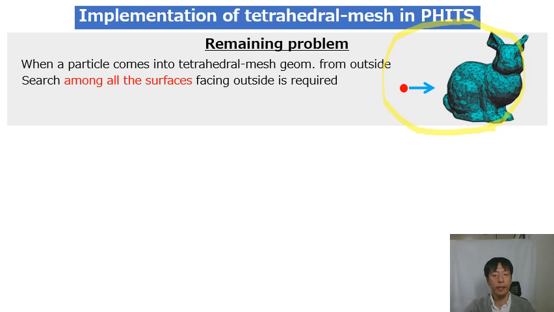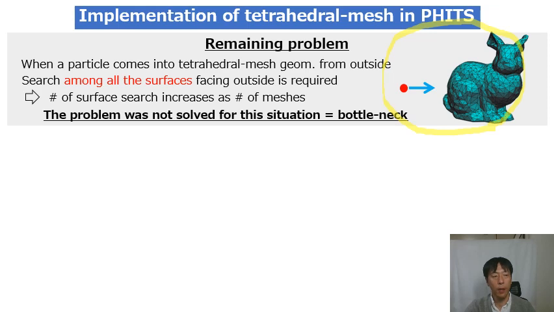In this case, a search among all the surfaces of the object facing outside is required. This means the number of surface searches increases with the number of meshes. Thus, the previous problem was not solved for this situation and becomes a bottleneck of computational time.